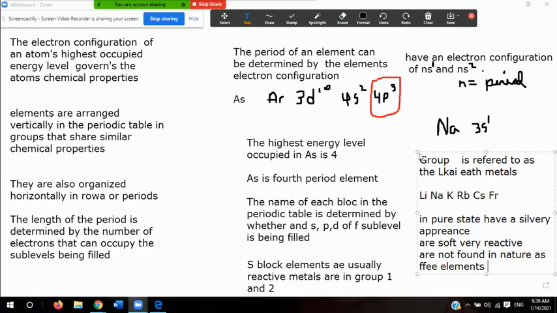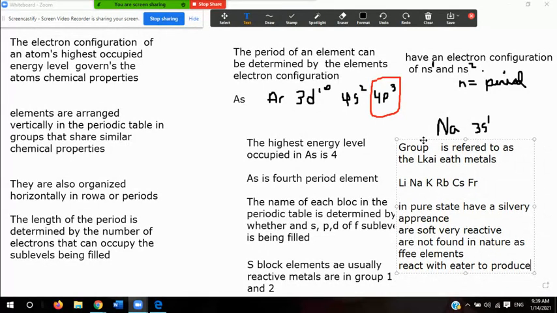They react with water to produce hydrogen gas in aqueous solutions.